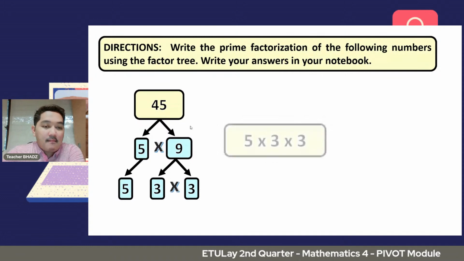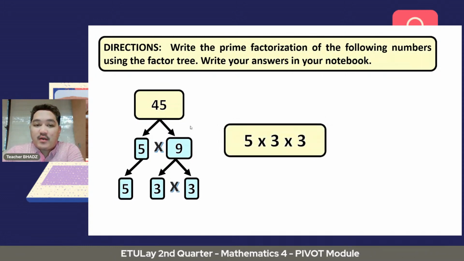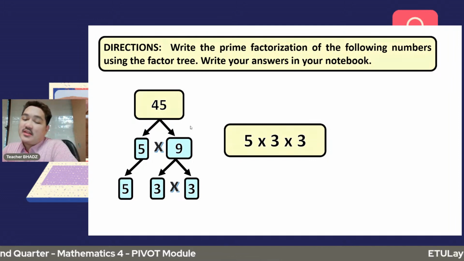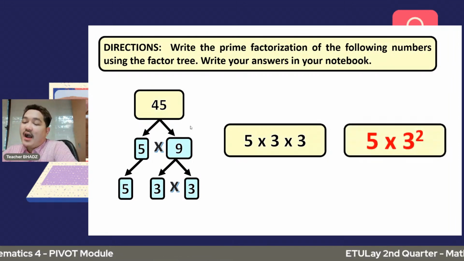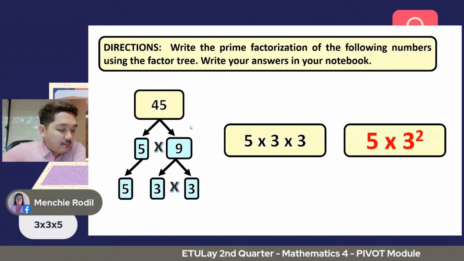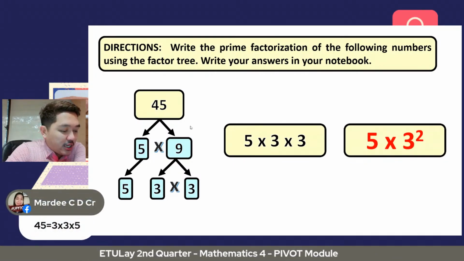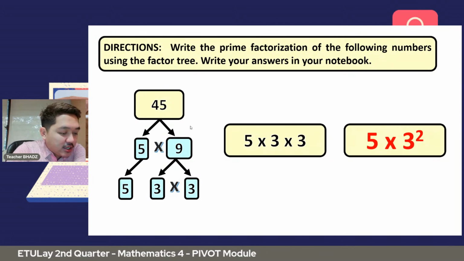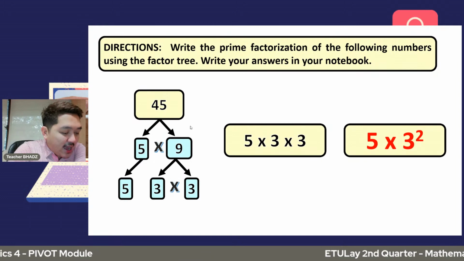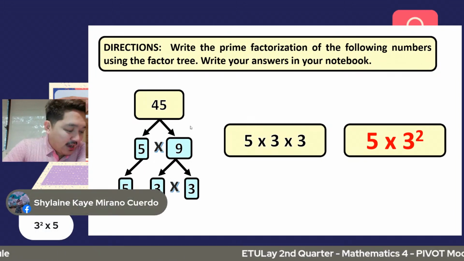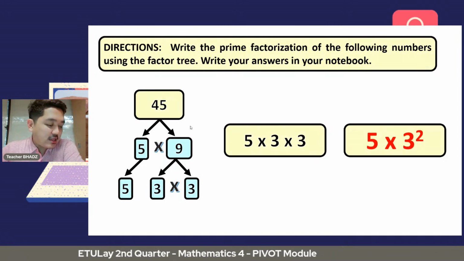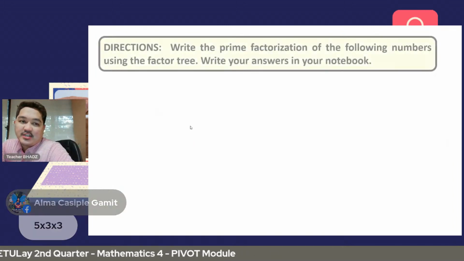So for this example, prime factors of 45 is 5 times 3 times 3 or 5 times 3 to the second power. So tama yung sagot nila Alfonso, nila Malu, nila Kian, Shailene, Preciosa, and ni Myra. Ayan, sila pa rin yung mga nakakasama natin at sila pa rin yung napaka-active sa pagsagot ng ating mga questions.